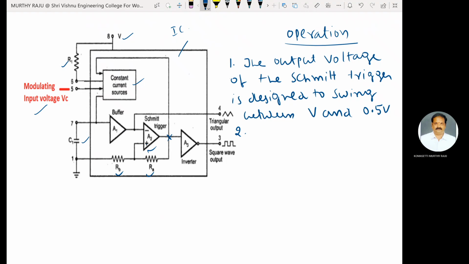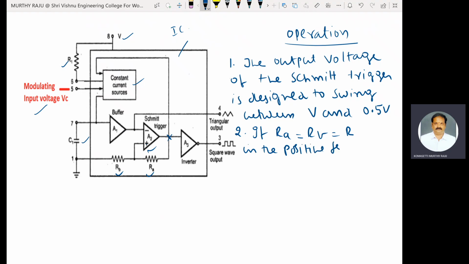Another important point in that operation: I will show how the voltage swings from 0.5 V to 0.25 V. If RA is equal to RB is equal to R in the positive feedback loop, positive feedback means the output of the Schmitt trigger is connected to the non-inverting terminal of op amp A2. That is the positive feedback loop.